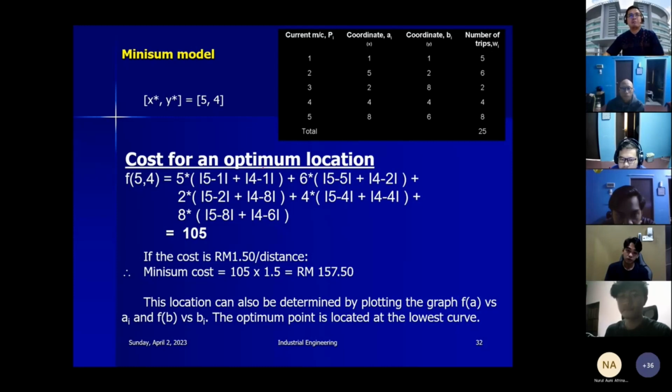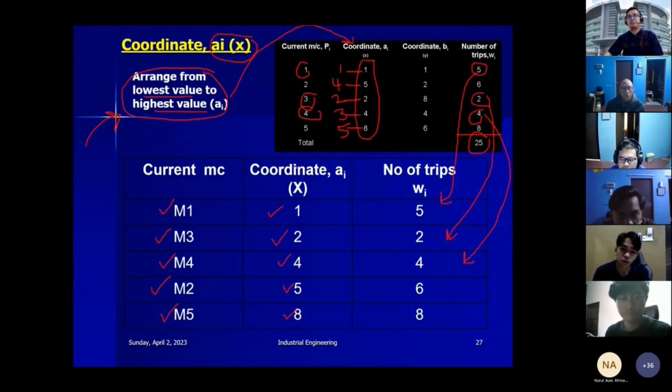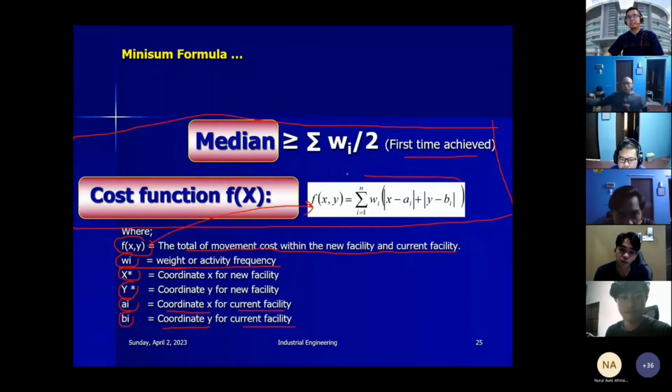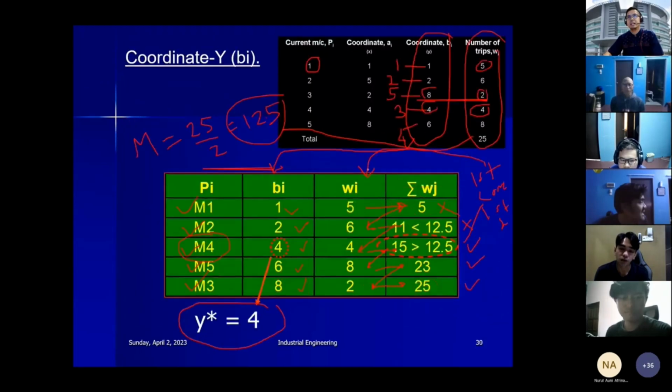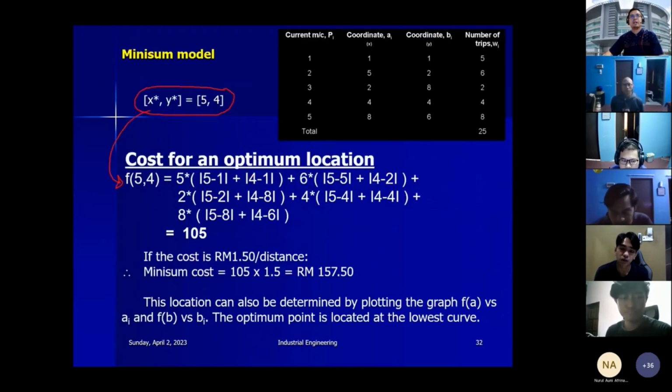Okay, so how about the calculation of the cost for the optimum location? You find the new optimal location X star, Y star is 5 and 4. So please put it here. And please apply the formula from previously. The formula will be like this. This is the convention. Please apply this formula into this question.